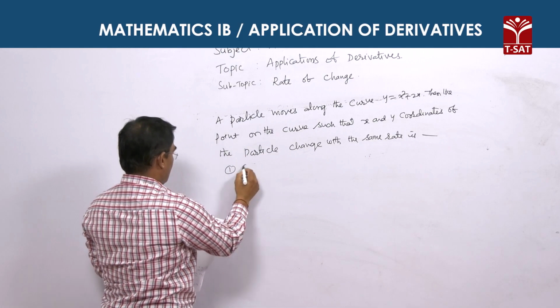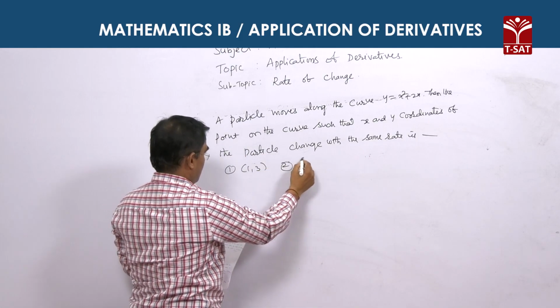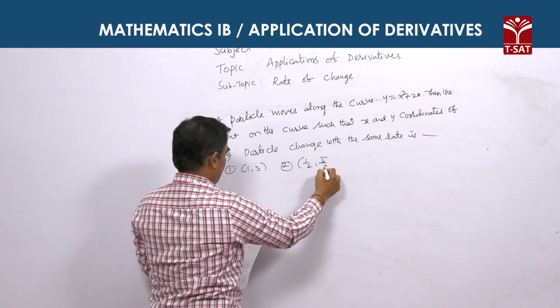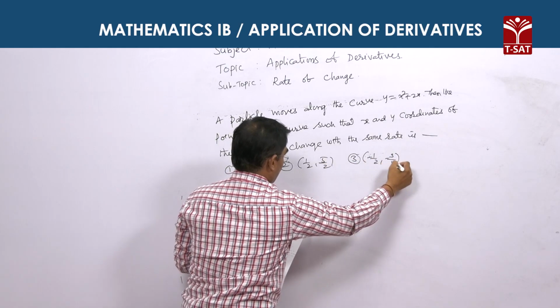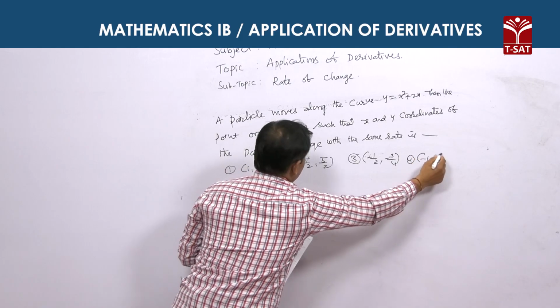Right. First answer is 1, 3. Second answer is -1/2, 5/2. And third answer is -1/2, -3/4. Fourth answer is -1, -1.